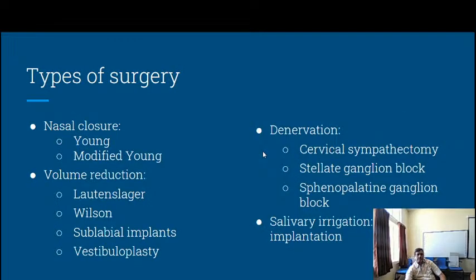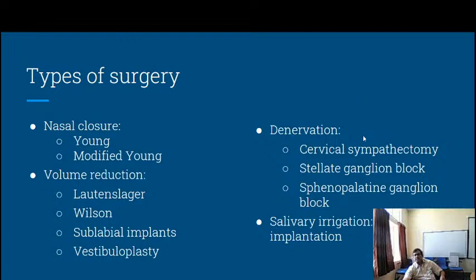And these are the various types of surgical procedures as we have summarized. Nasal closure, Young's operation, modified Young's operation, where a small opening is created. Lautenslager, lateralization, medialization of the lateral wall. Wilson's, narrowing; the sublabial implants and vestibuloplasty, which reduce the nasal cavity.